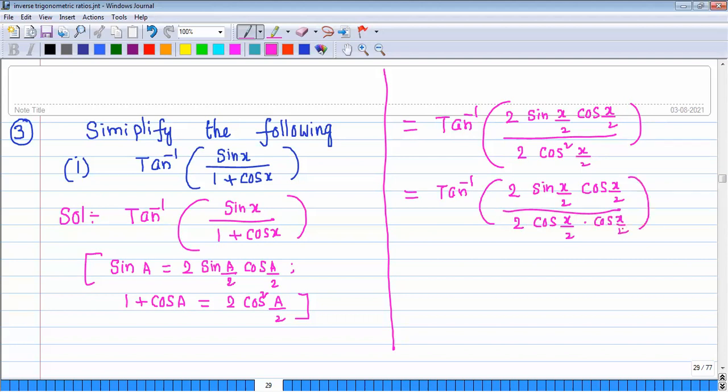Then what will be the next step? 2 cos x by 2, 2 cos x by 2 cancel. Cos x by 2 cancels. We have tan inverse of sin x by 2 upon cos of x by 2, that is tan x by 2. So this is just like the formula tan inverse of tan x, so x only. So we can write the answer is x by 2. See, very simple.